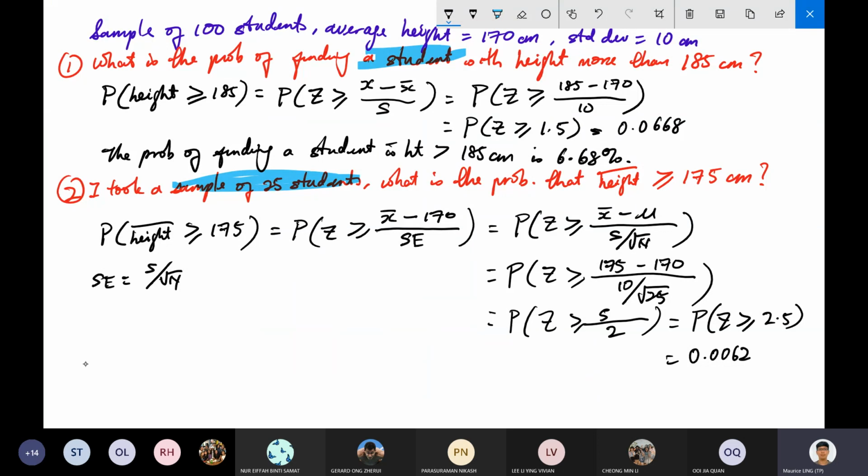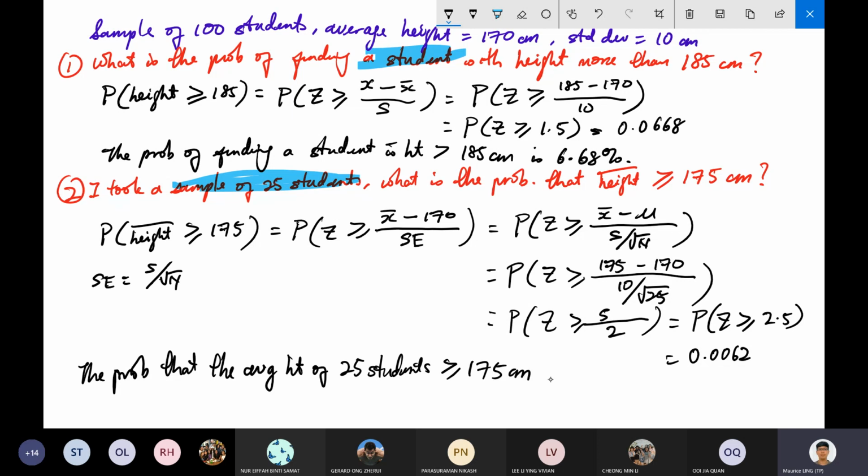Okay, so the probability that the average height of 25 students is more than 175 cm is 0.62%.